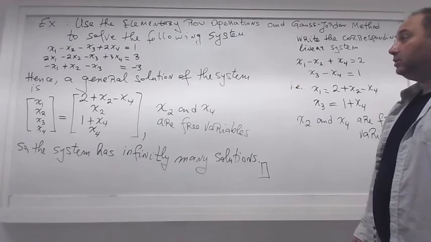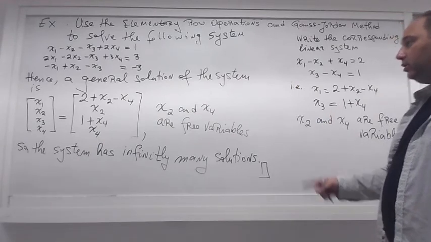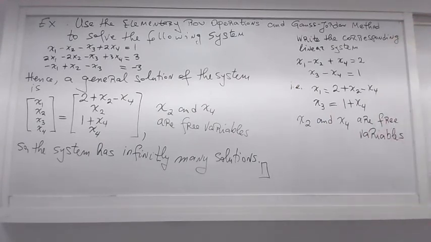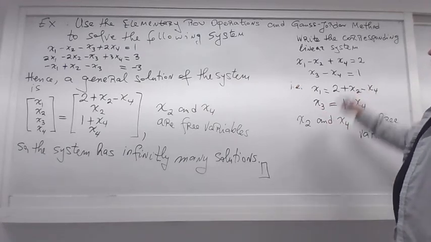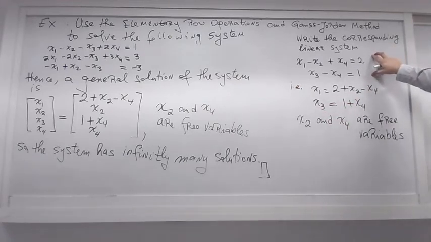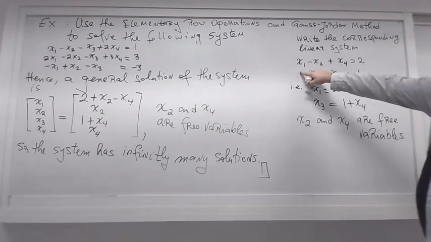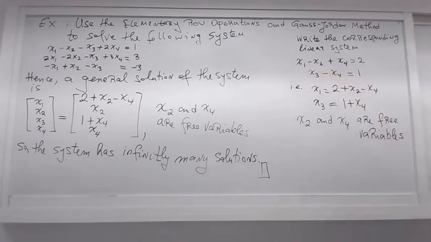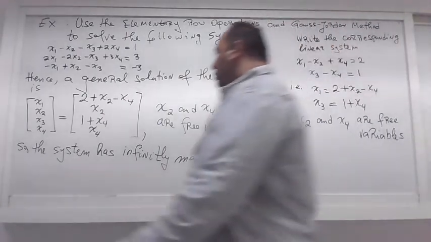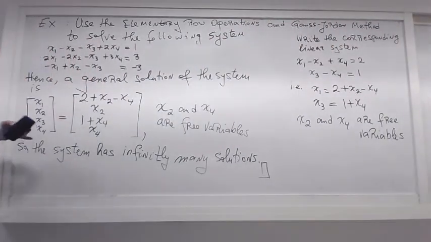Practice, practice, practice. The more you practice, the better you become, the faster you solve it. It is important to go from your reduced echelon form back to the system and then take your main variables and identify your free variables. Rewrite this because this will be useful now to write the solution. That's why we do all this, to be able to write the solution vector.